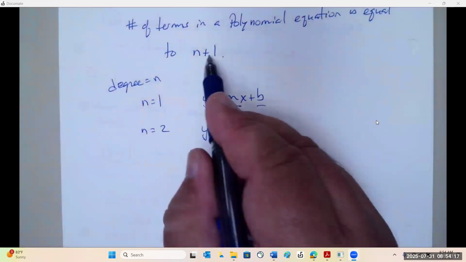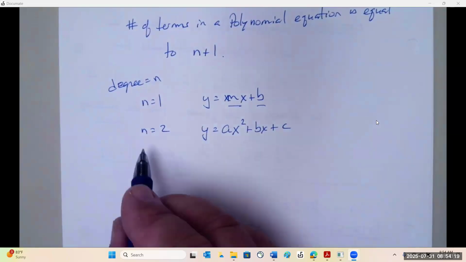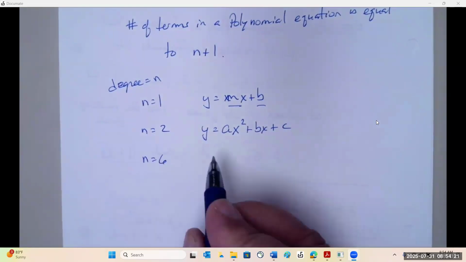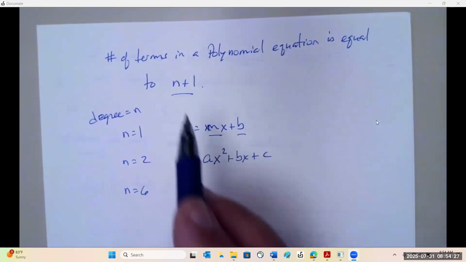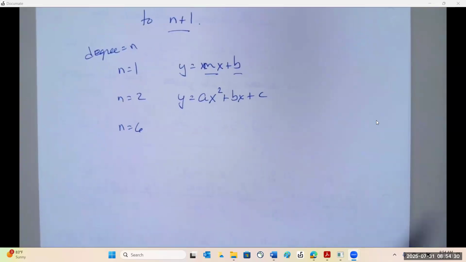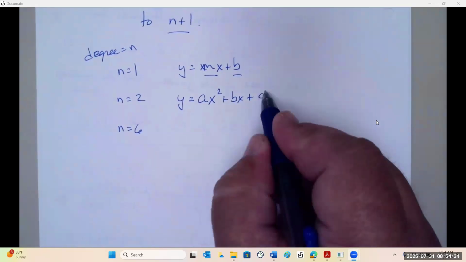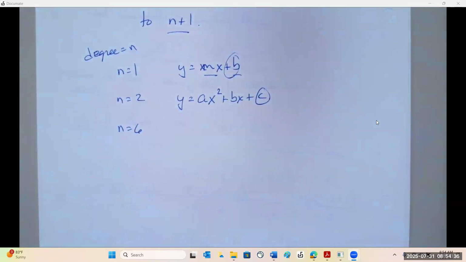That's why it's n plus 1. So if n was 6, then we have how many terms? 7 terms. Why is it 1 more? Because we have that constant at the very end. So that's why.